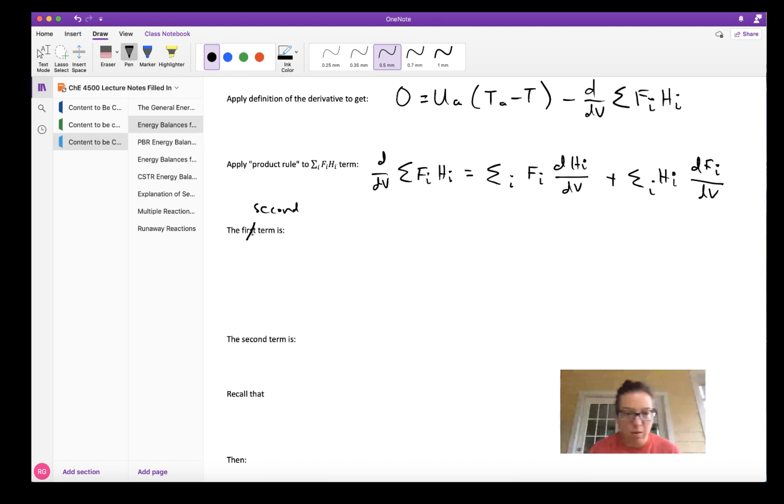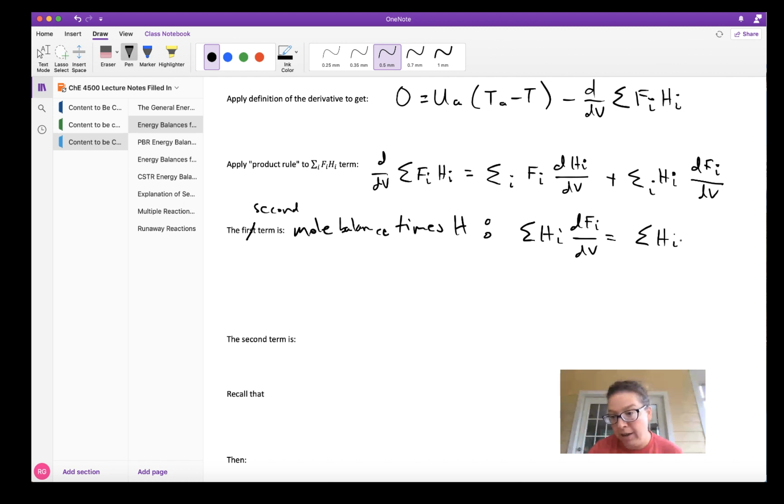So mole balance times the heat of formation. In other words, the sum of Hi dFi/dV equals sum of Hi Ri.